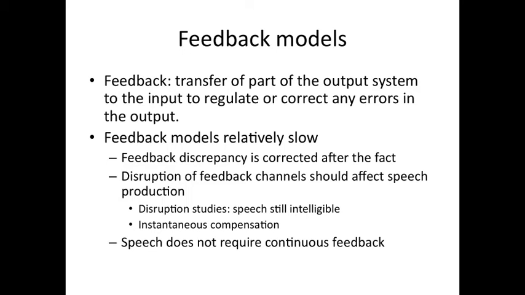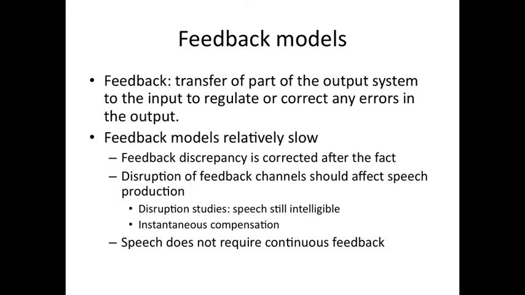We also talked about, for the auditory feedback and the tactile feedback, that if we disrupt our feedback channel, so if we masked our auditory processing, or if I had a bite block in my mouth where I didn't have the ability to have sensory perception of what I was doing with my tactile feedback, speech was still intelligible.